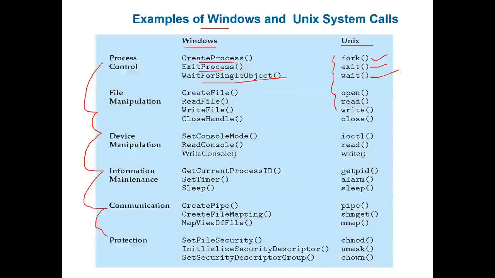For file manipulation in Windows, there are CreateFile, ReadFile, WriteFile, and CloseHandle. Whereas in Unix or Linux operating systems, open, read, write, and close. So in this way, the various operating systems have different system calls. Once the operating system recognizes the system call, it executes the related APIs associated with it.